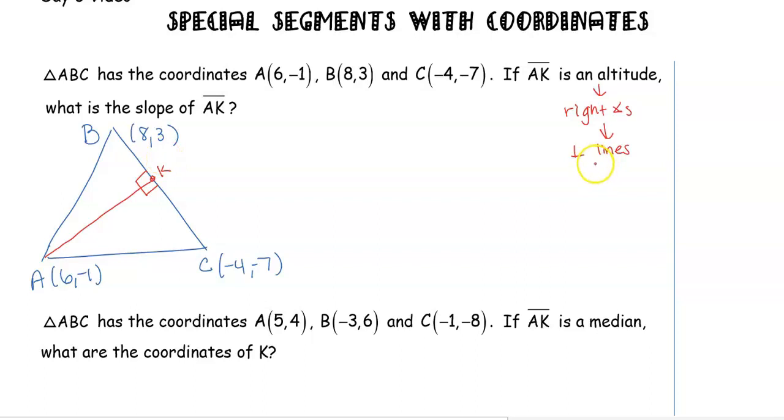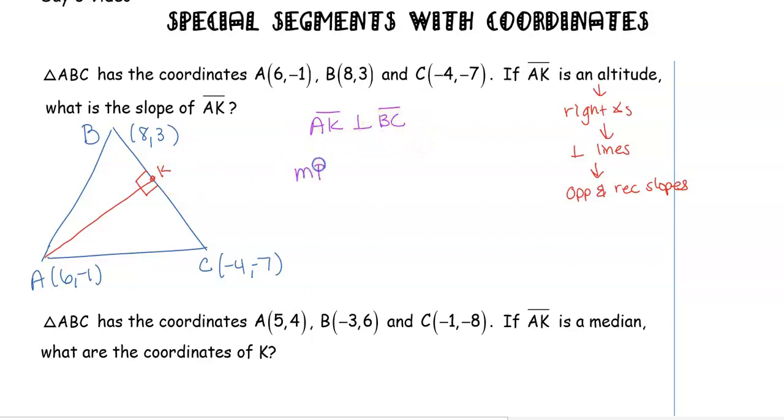We know that perpendicular lines have opposite and reciprocal slopes. So if AK is going to be perpendicular to BC, that means AK's slope is going to be the opposite reciprocal slope of BC.